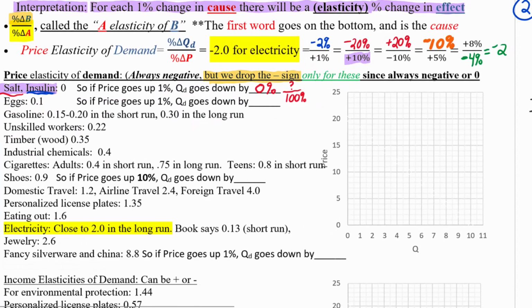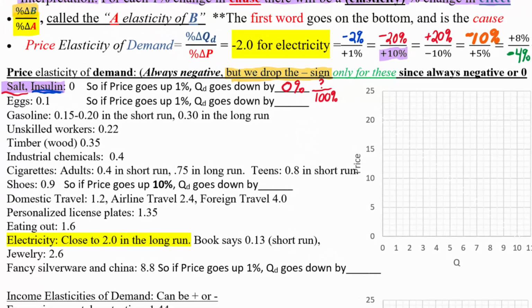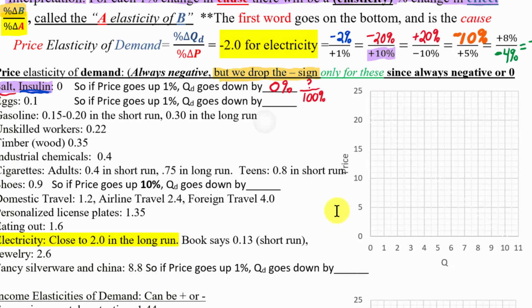Now, if something is perfectly inelastic, like we were talking about with salt and insulin, let's draw a demand curve over here on this supply and demand axis with quantity on the bottom and price on the y-axis. What would a demand curve look like if it was perfectly inelastic? Well, it's going to look like this. It's going to be vertical.